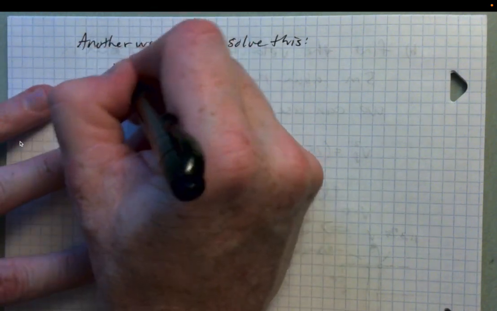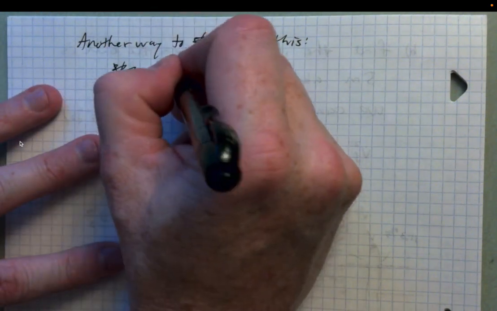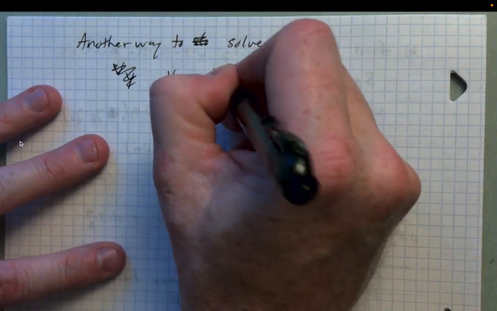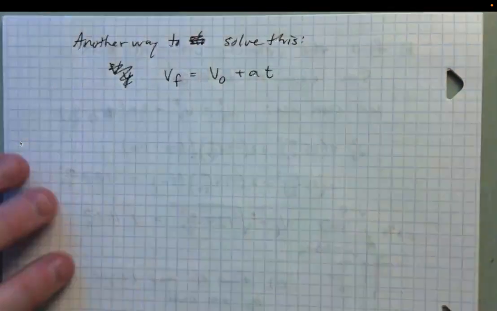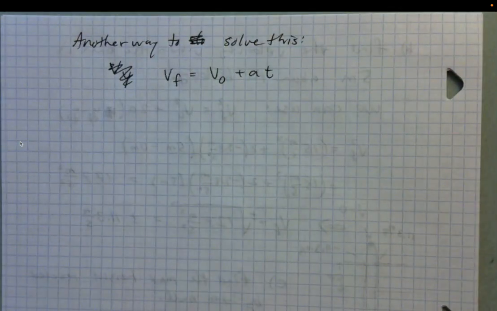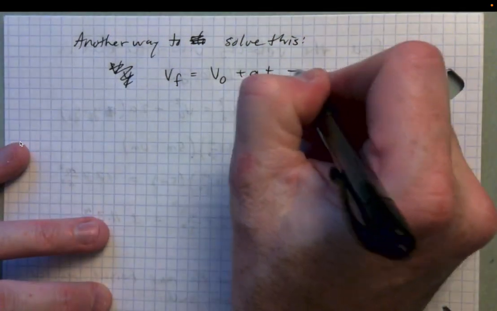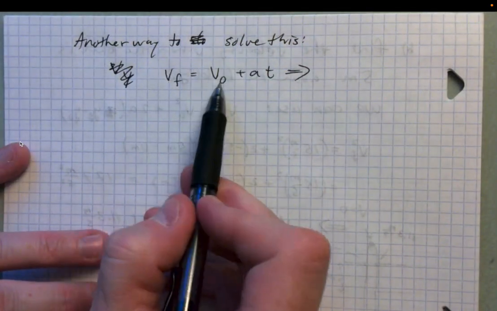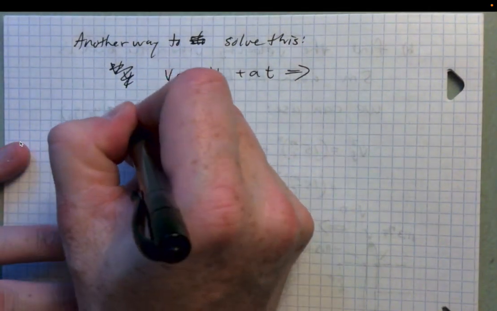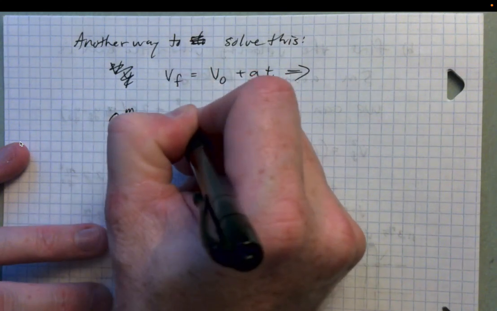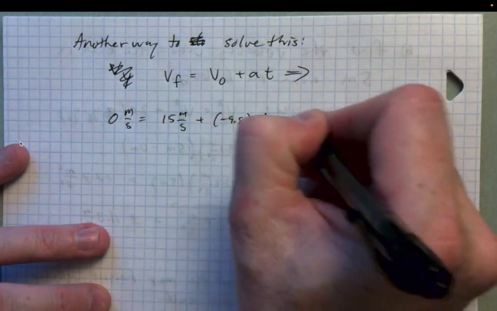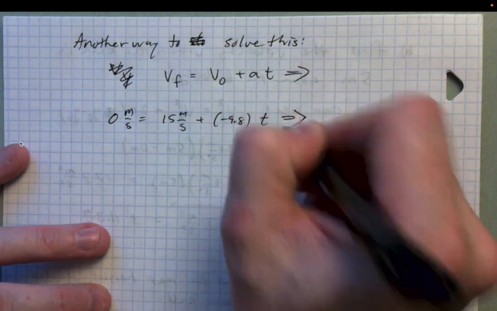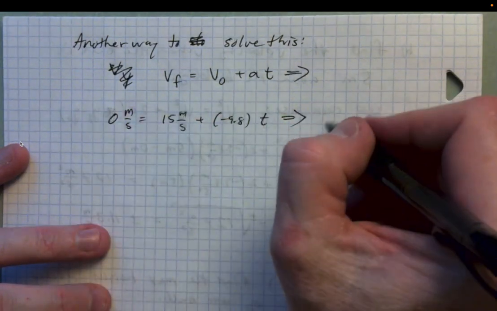velocity, the final velocity is equal to the initial velocity plus acceleration times time. And so you start with this, and you say, I know that the final velocity needs to be 0. I know these other pieces, so 0 meters per second equals 15 meters per second plus negative 9.8 times t. And I can use this to figure out t, right?